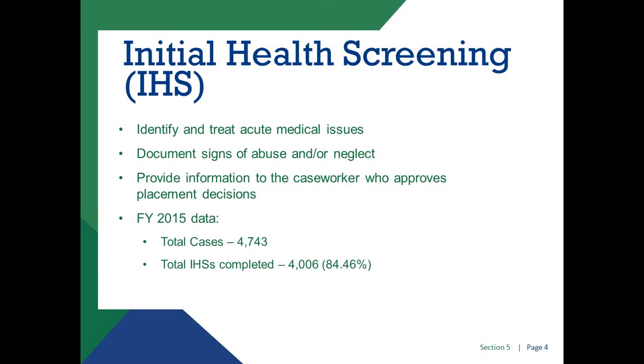And the purpose is to identify and treat any acute medical issues that the child presents with, to document signs of abuse and/or neglect, and to provide information to the caseworker who is working on placing the child in a home, either in a foster home or in a relative caregiver home.